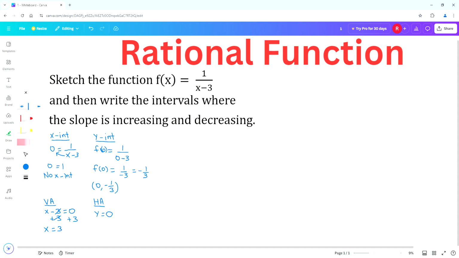Next, we can analyze the end behavior of this function around these asymptotes. Let's start with the horizontal asymptote. For horizontal asymptote, we have to analyze the behavior of the graph on the left and the right side of the x-axis.